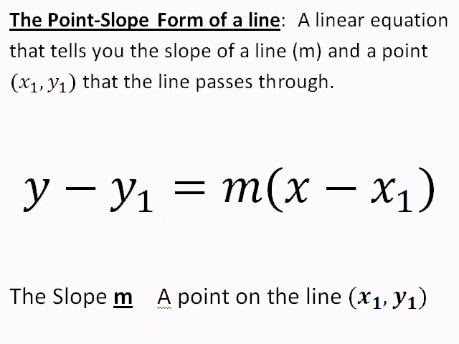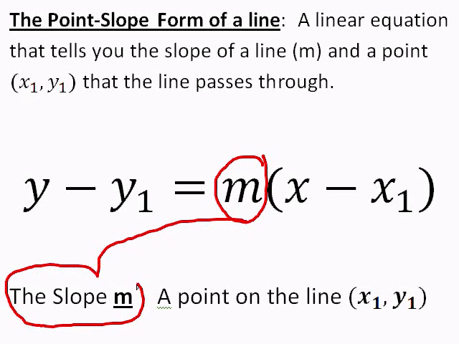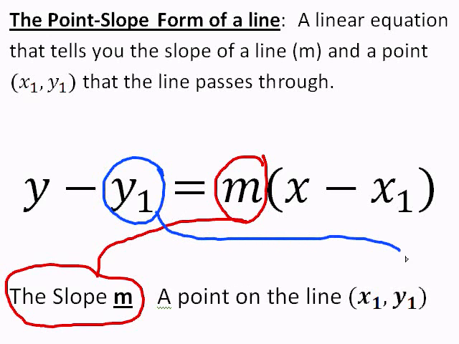M, just like when we were talking about the slope-intercept form, still stands for the slope of the line. The y1 is the y value of a point that the line passes through, and the x1 is the x value of a point that the line passes through.